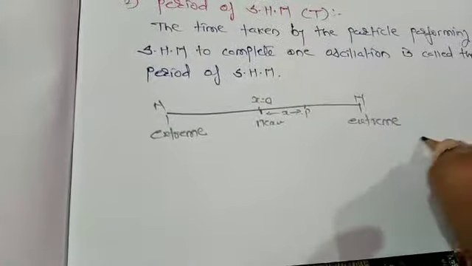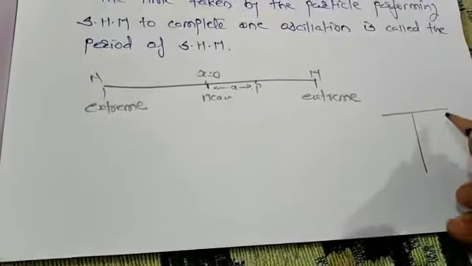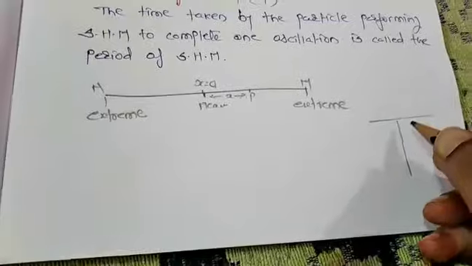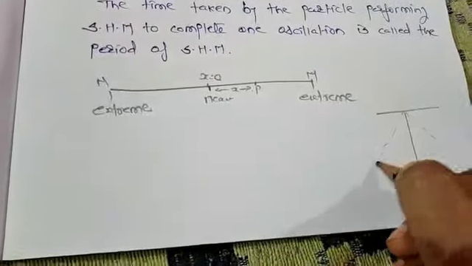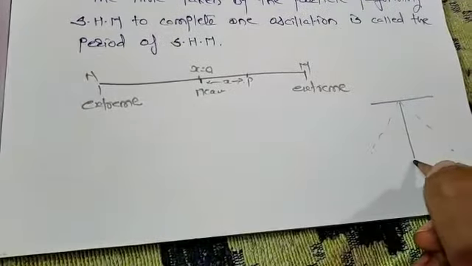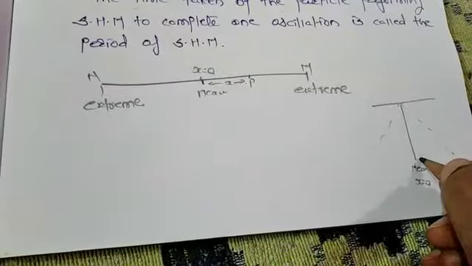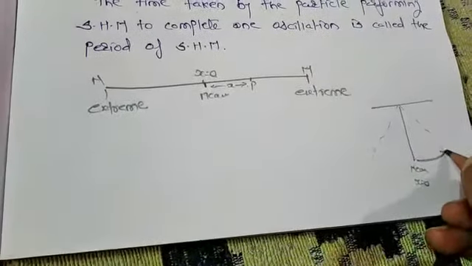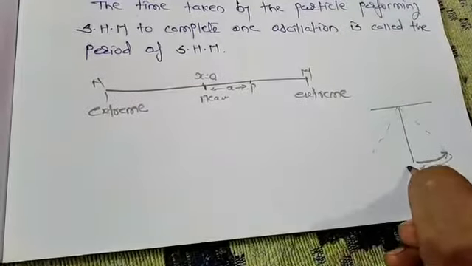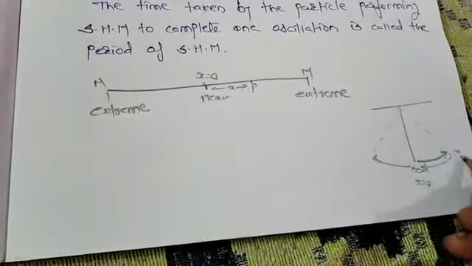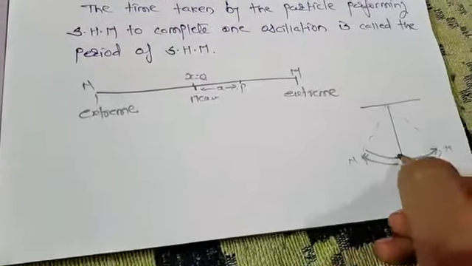In simple terms, for the pendulum we can see it is like this. Suppose the bob of the pendulum is moving like this, with mean position X equal to 0. It will go first to this extreme position, then it will come back to the mean position, again go to the negative side, and again come back to the mean position.